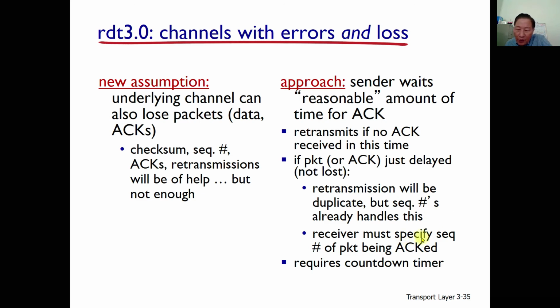The receiver must specify the sequence number of the packet being acknowledged. Always, the receiver is specifying the acknowledged sequence number. That is the way we are learning using our TCP protocol. Thus, we need a timer.